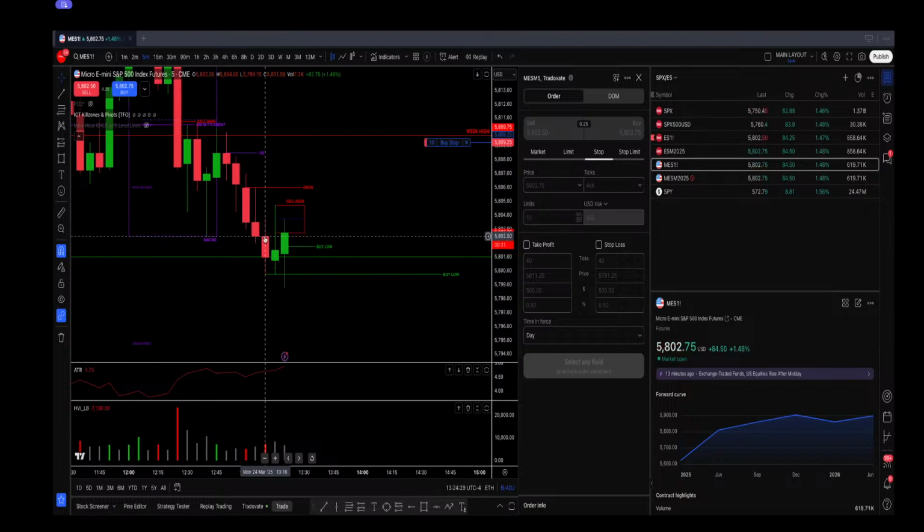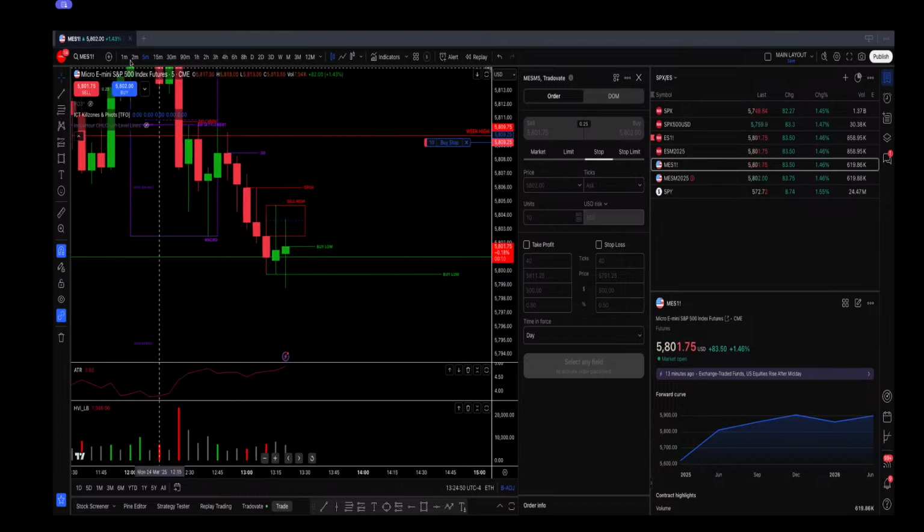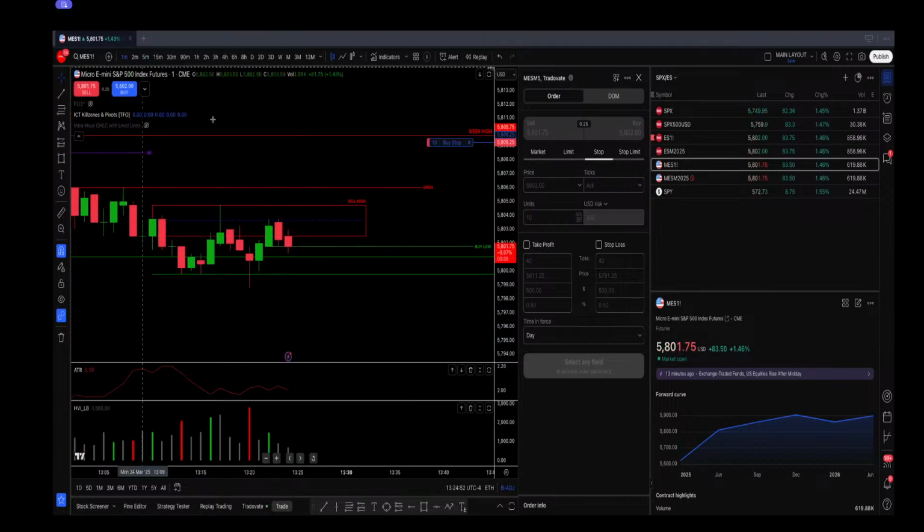Nothing new. This is still a seller's candle. Ten seconds till 12:25.